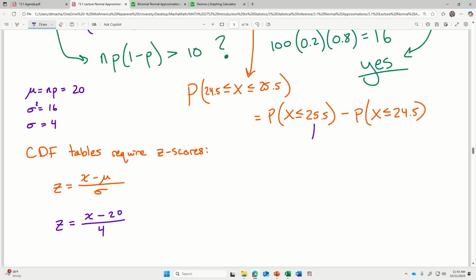So what about here for 25.5? The z-score would be 25.5 minus 20 divided by 4. And 5.5 divided by 4 is 1.375.